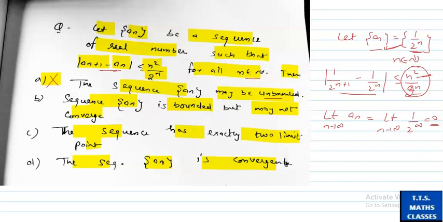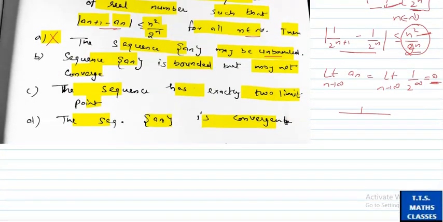Clearly this sequence has only one limit point, which is 0. We have already done in a previous video what a limit point is. When we take this sequence on a number line, it will be like 1 upon 2, 1 upon 2 squared, 1 upon 2 cubed, with very small differences.